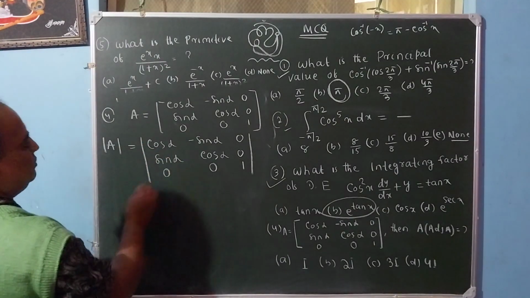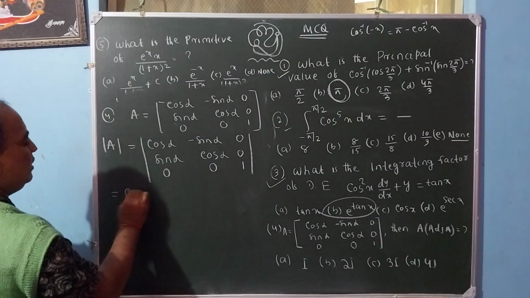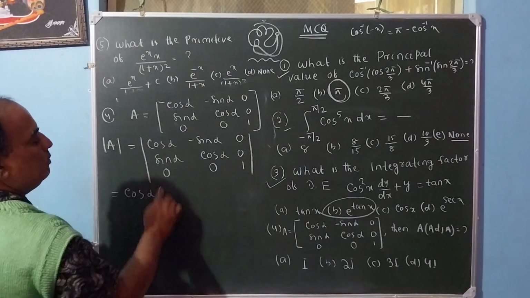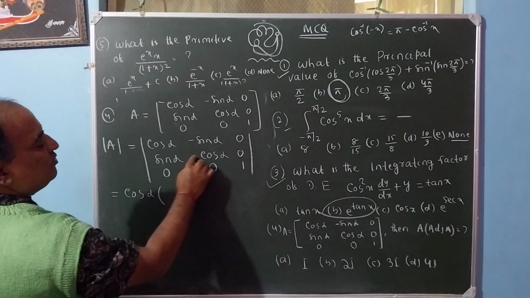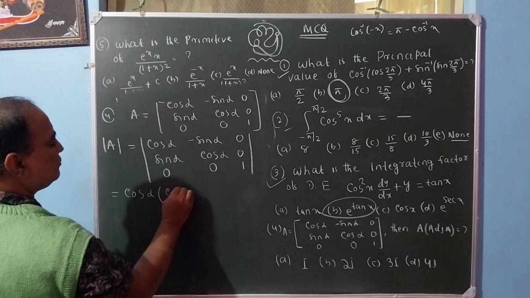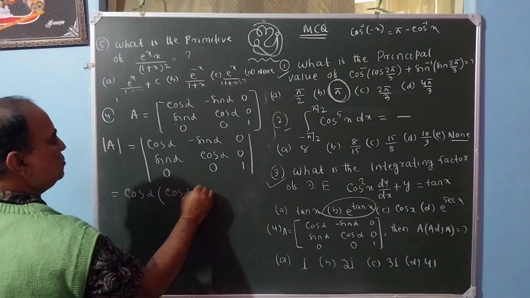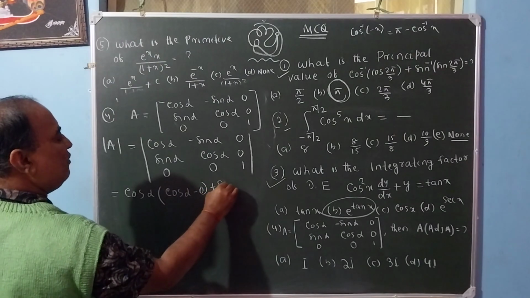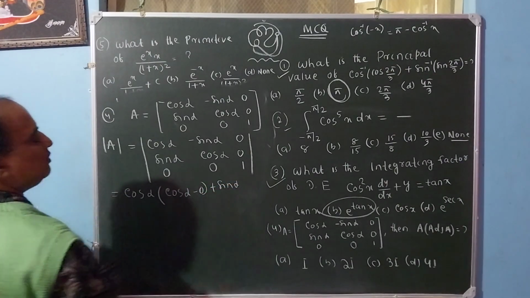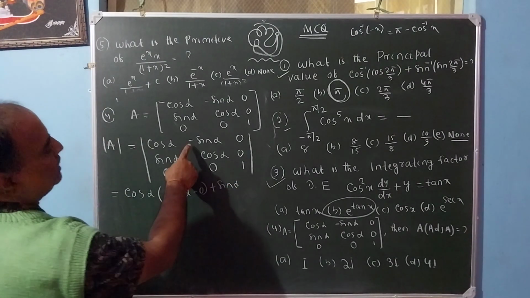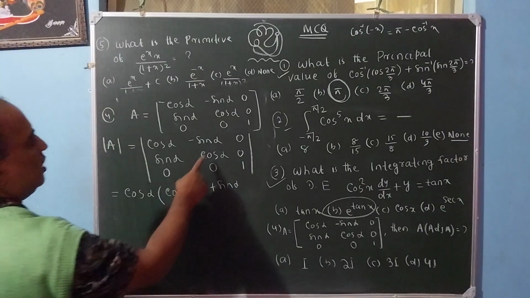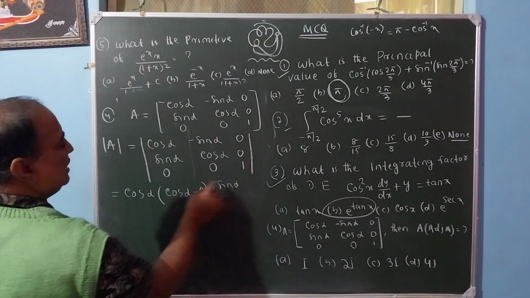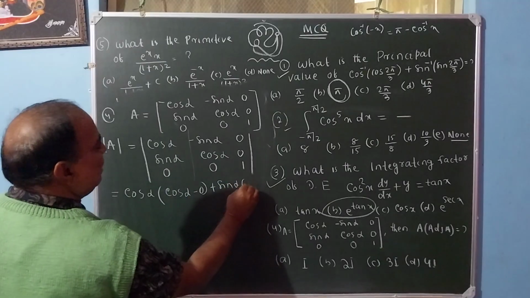Expanding along cos alpha, you have to omit its row and column. Cos alpha times cos alpha, minus 0. Then here it is minus, minus sin alpha, with signs minus plus. You have to break this. This cancels, so that is sin alpha.